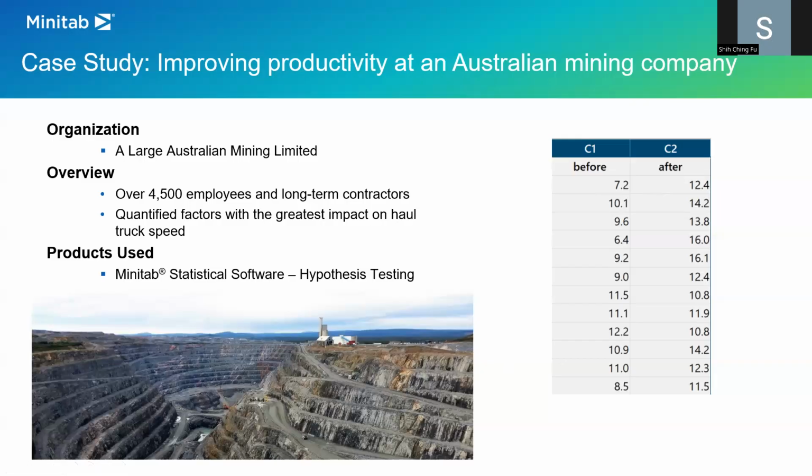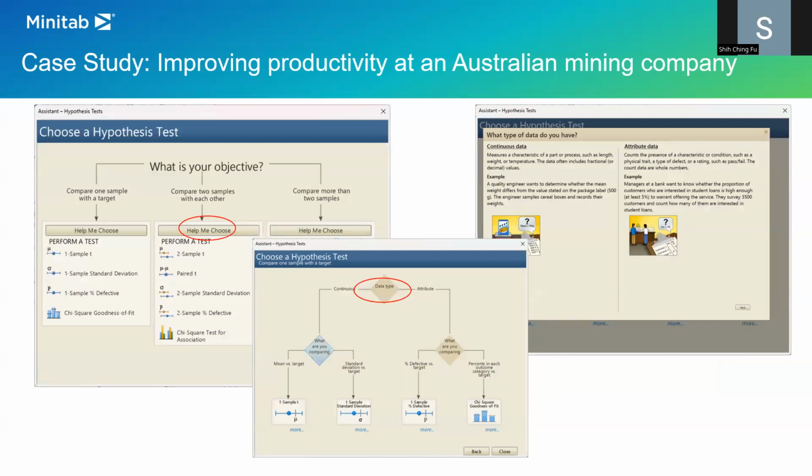So they go to Minitab and use the button called Assistant. In the Assistant, when we choose hypothesis testing, we give you a page that asks you to choose. For example, you're comparing one sample with a target, or two samples with each other, or more samples.